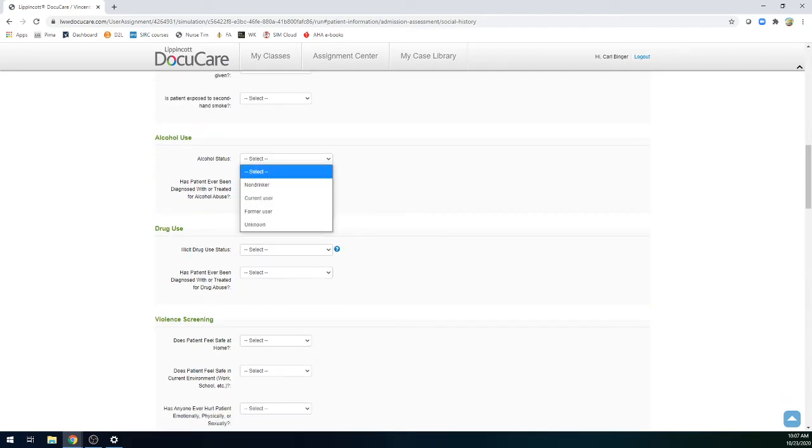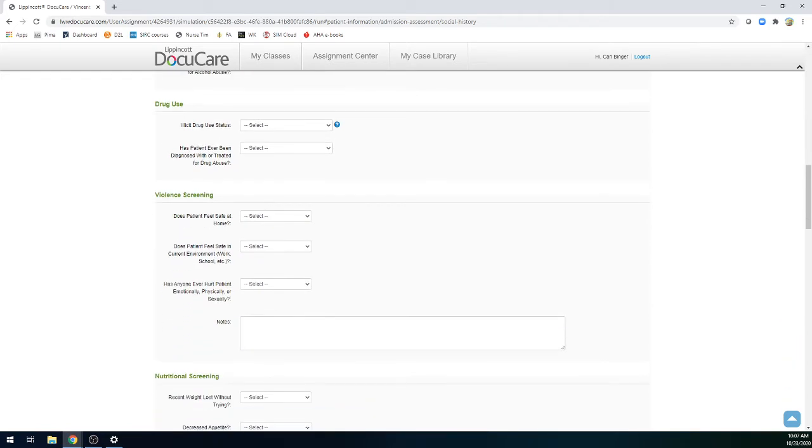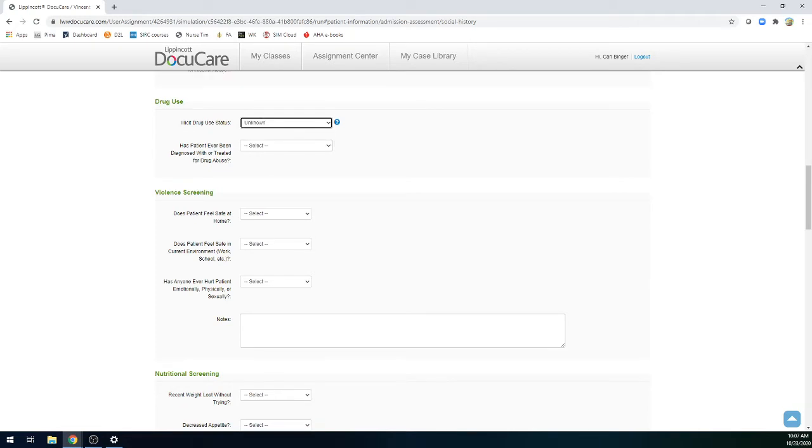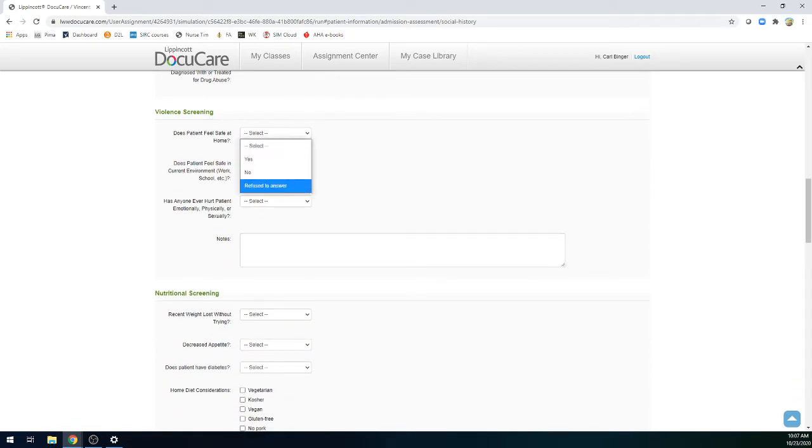Can we go through these? Oh, alcohol status. We don't know because we don't have time to ask him. We don't know about illicit drug use. Things like this. But we're saying we would have assessed this if the patient condition allowed. So make sure you go through all these. And you can do the unknown, that's fine.